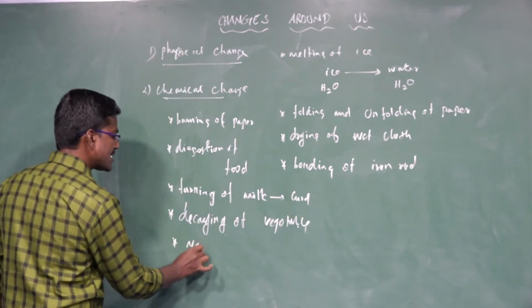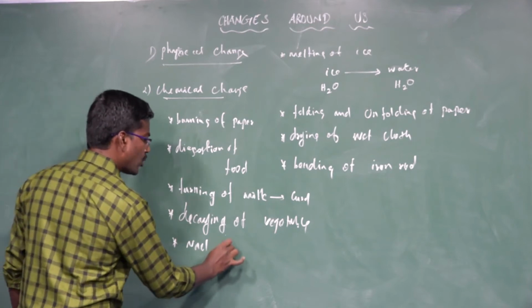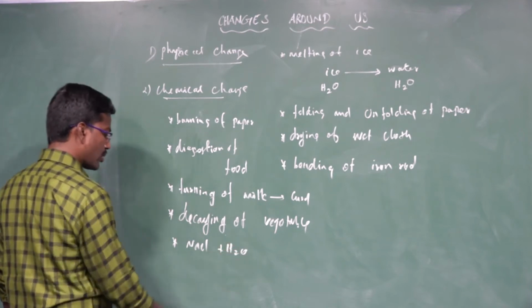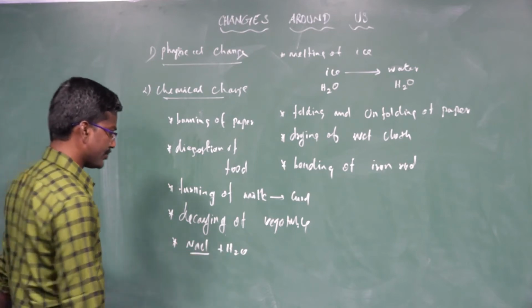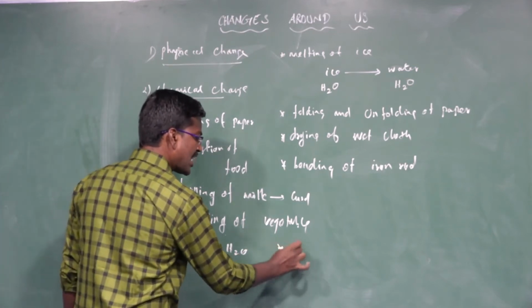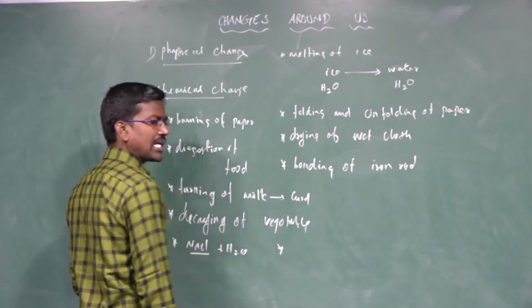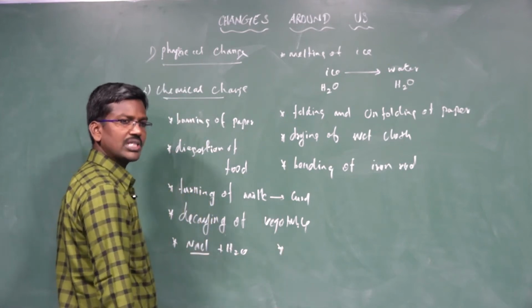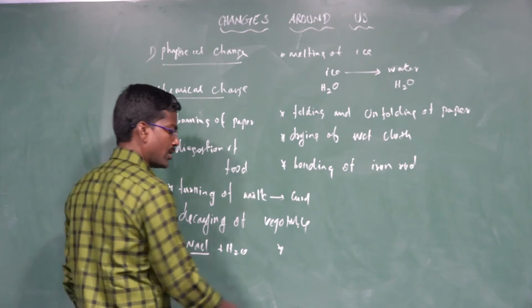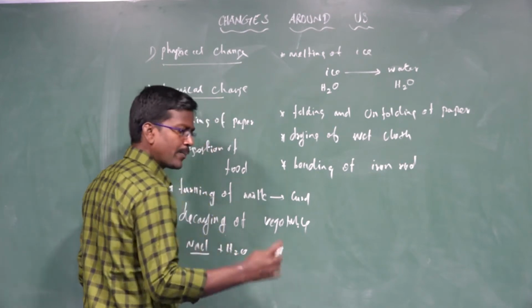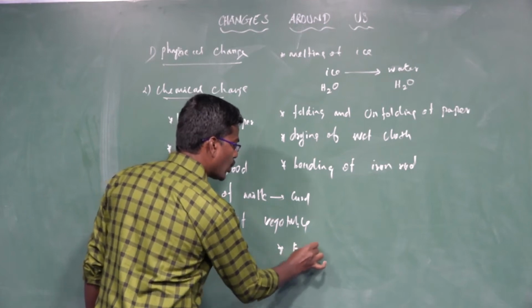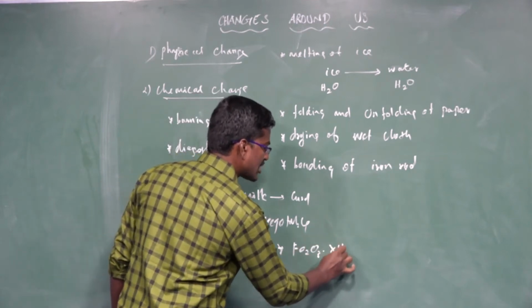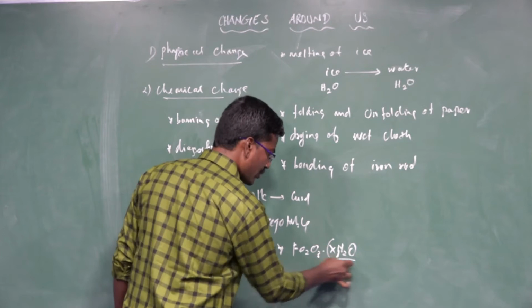Sodium chloride, NaCl, in water. Sodium chloride is called table salt, dissolved in water. Then rusting of iron. Iron metal comes in contact with air, moisture, water vapor and dust particles to produce a brown powder layer of hydrated ferric oxide, Fe2O3.xH2O, with x moles of water molecules.